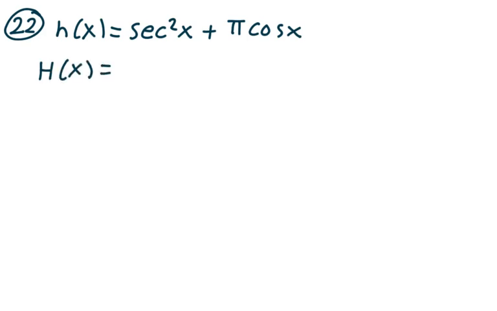Think of a function whose derivative is secant squared x. Well, that's going to be tangent x. Think of a function whose derivative is cosine x. That's going to be sine x, and the pi just goes along for the ride. And then we just add c. You're done.